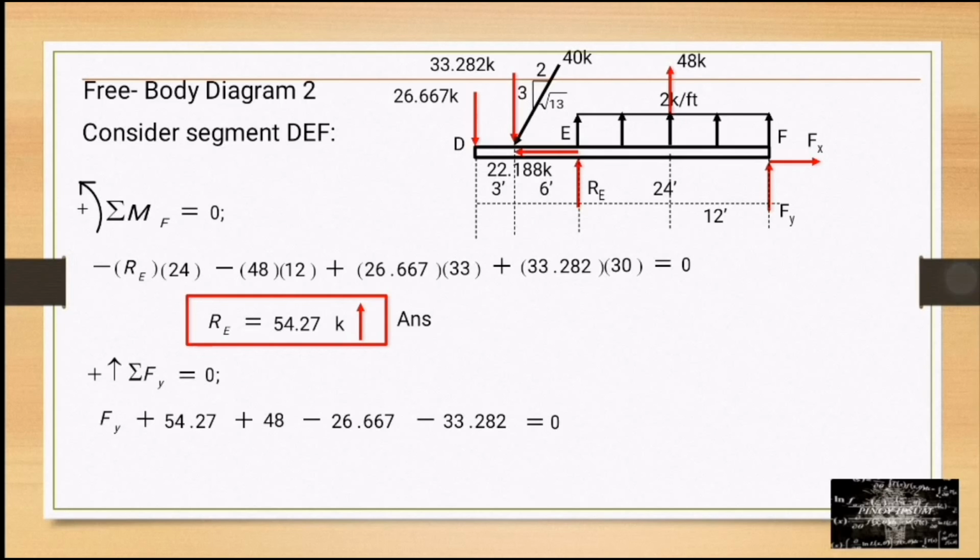So Fy is equal to 42.321 kips. This is downward. So mali yung assumption natin. So gawin nating downward, no, sa figure. Okay?